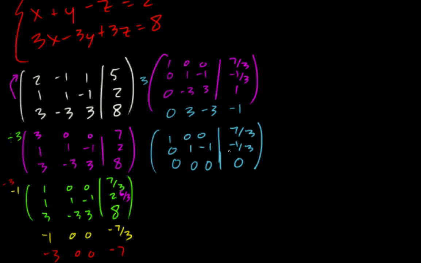Because we got that 0, 0, 0, 0, we know that we have infinitely many solutions. That's what this represents.